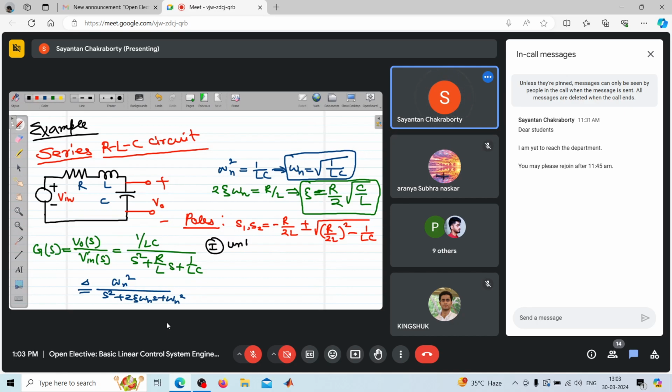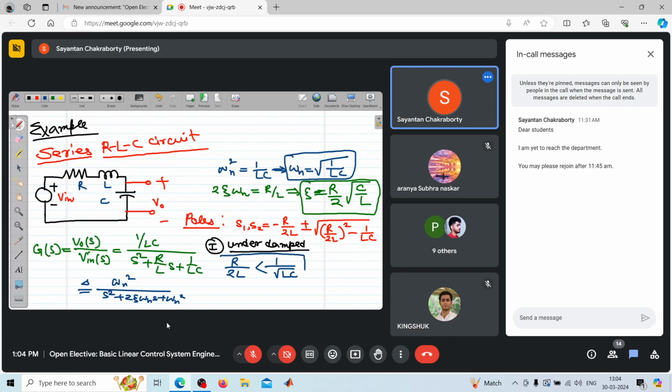One, underdamped. So this is the scenario when the response will be of underdamped nature. The condition for that is that zeta should be less than 1, or you can write R by 2L less than 1 by root over LC.